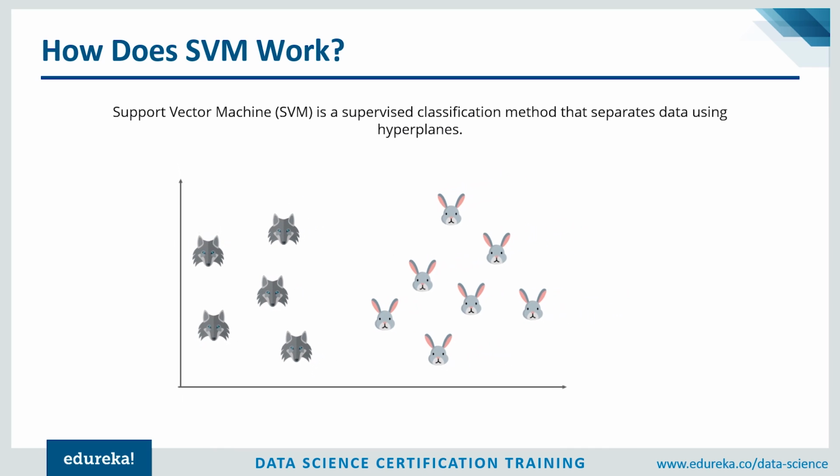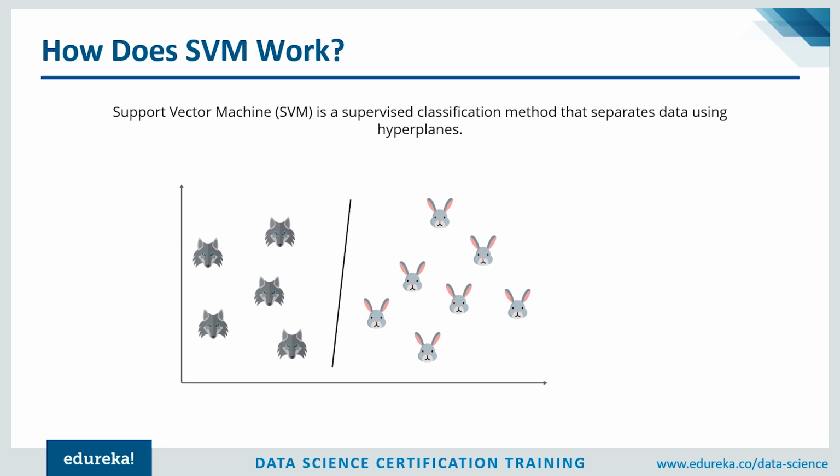So you start off by drawing a random hyperplane and then you check the distance between the hyperplane and the closest data points from each class. These closest or nearest data points to the hyperplane are known as support vectors. And that's where the name comes from, support vector machine.